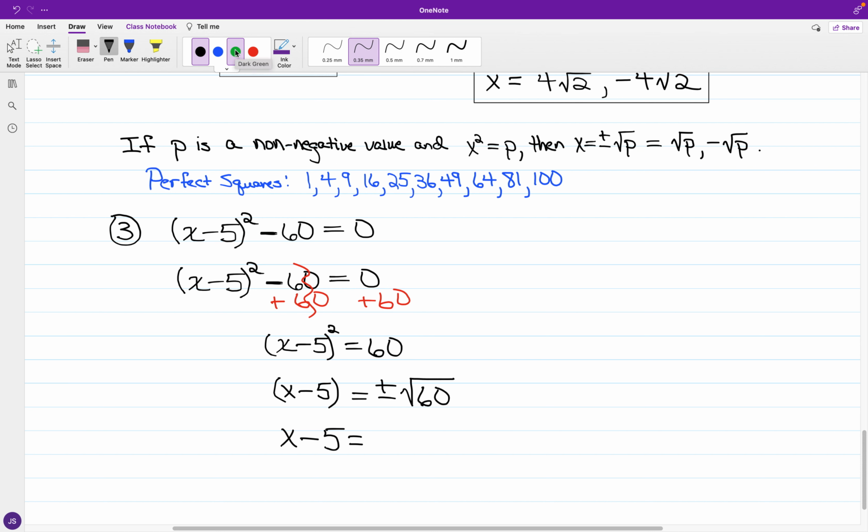And for the square root of 60, now we got a fairly large number, but if you look at the numbers, 49 will not go into 60, 36 cannot be taken directly into 60, 25 cannot, 16 cannot, nor can 9, but 4 will go into 60 15 times.